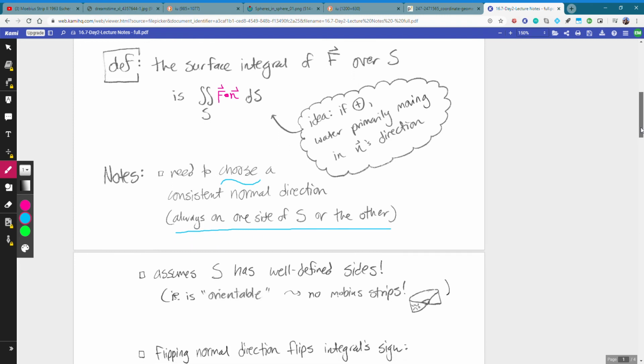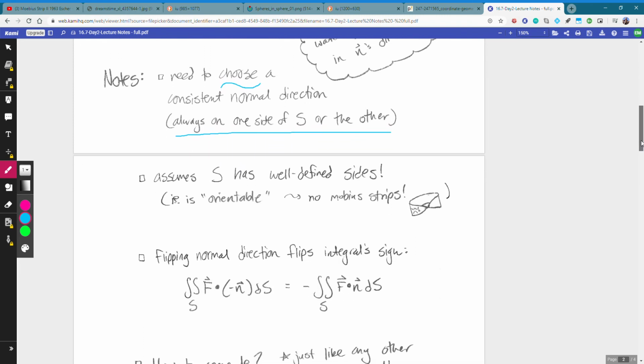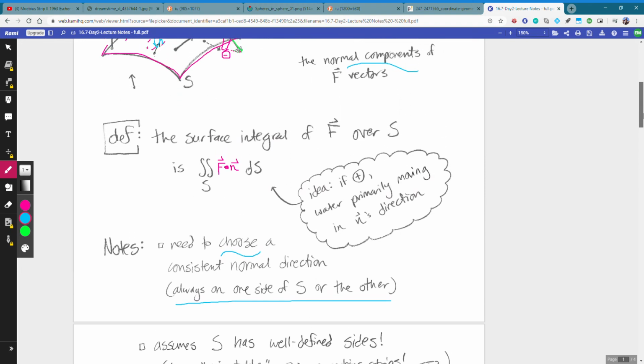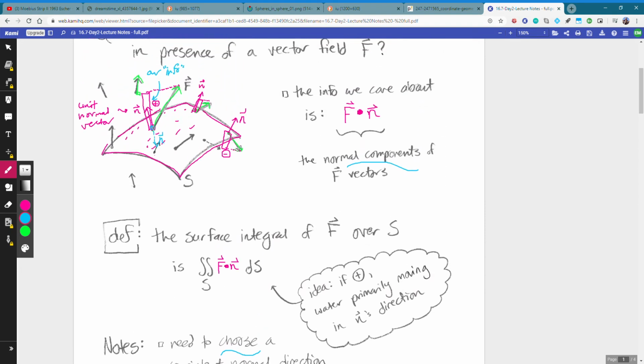Another note is what happens if we choose a different direction. Well, things are just going to change in sign. So for example, here, if you chose this blue normal vector as your favorite normal direction for the surface, well then this green vector, showing our fluid motion, is still the same, right? The water is moving however it's moving, but now the normal component that we'd see is the same red box, but now it would be facing behind the blue normal vector.